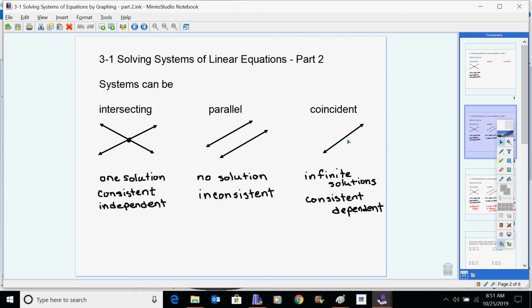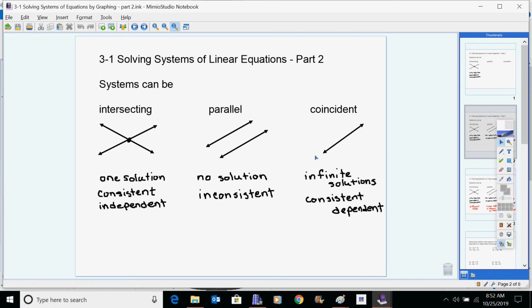That one looks a little bit odd, but coincident is when you solve the one for y equals mx plus b and graph it, and then you solve the other one for y equals mx plus b and graph that one, and you find out it was actually just the exact same line. They may have tried to fool you at the beginning, but when you solved it, you found out it was the exact same line. So coincident lines are two of the exact same line right on top of each other.